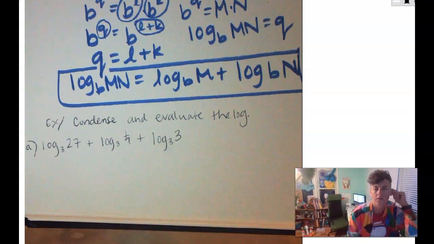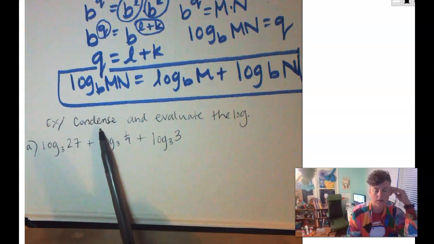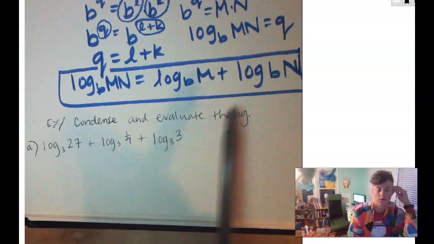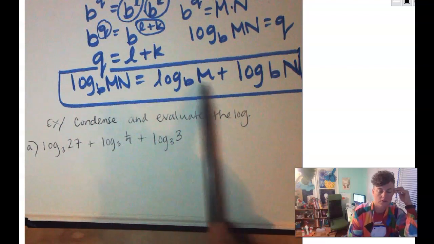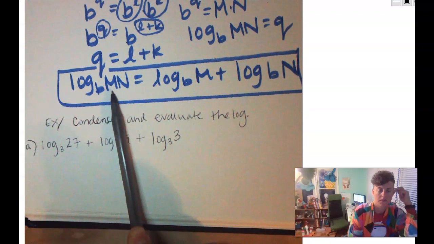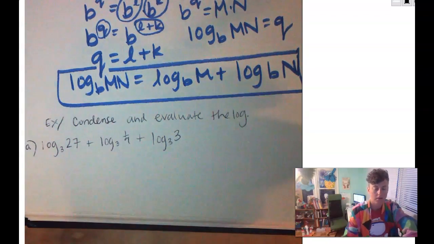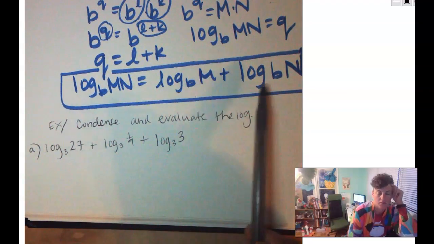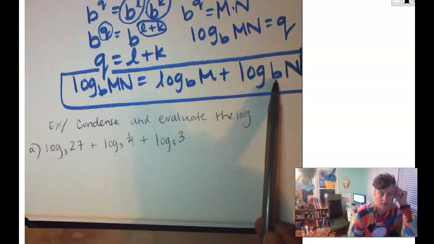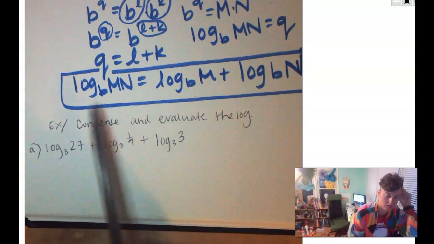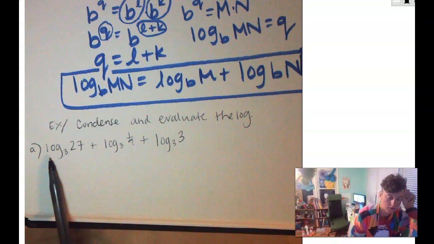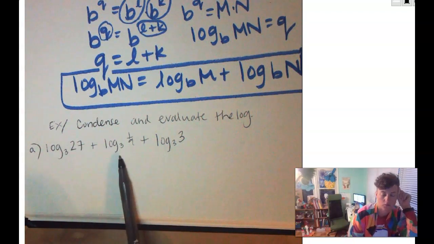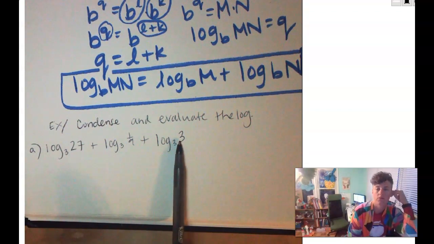Our first example, we're going to condense and evaluate the log. So we're going from the expanded version to the smaller version, and then we will evaluate the log. Importantly, our bases all need to be the same for us to be able to condense the log. In this example, we have log base 3 of 27 plus log base 3 of 1/9 plus log base 3 of 3.